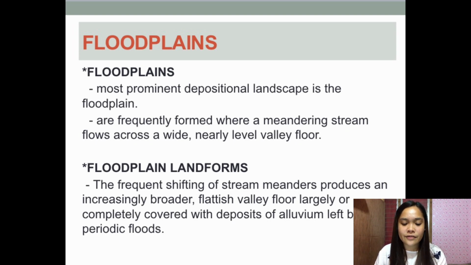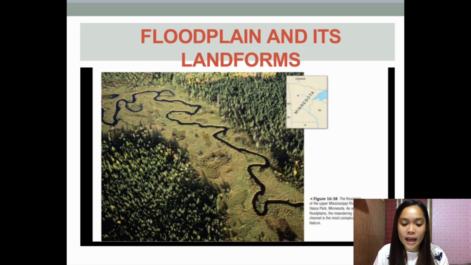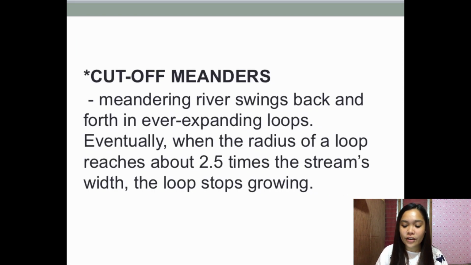At any given time a stream is likely to occupy only a small portion of the flatland, although during the periods of flood flow the entire floor may be flooded, and for this reason the valley bottom is properly termed a floodplain.